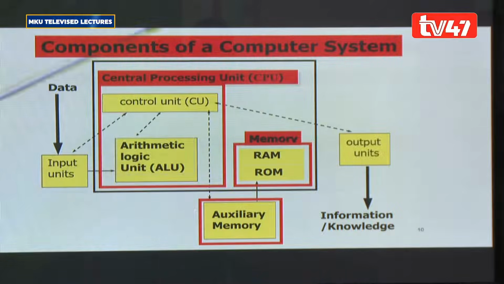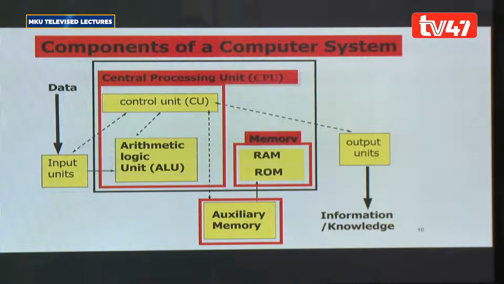The central processing unit has three major elements. The first element is the control unit. The control unit focuses on coordination of all activities in a computer, and the abbreviation is CU.